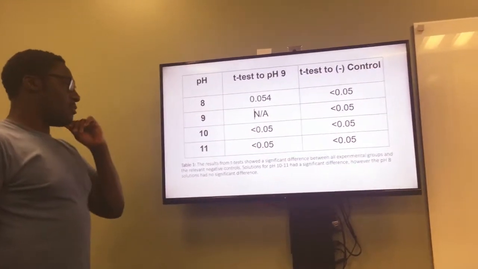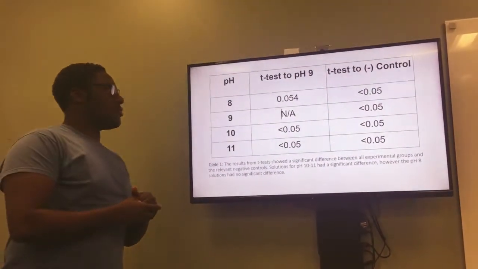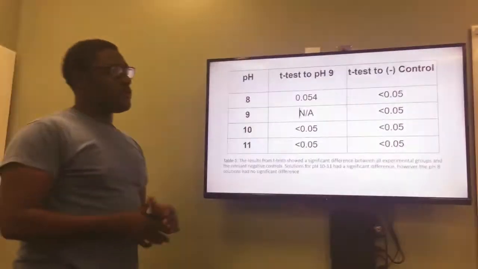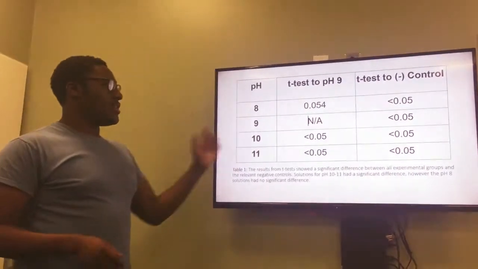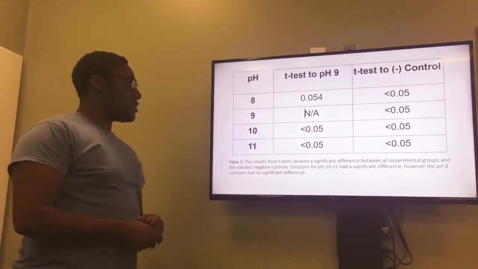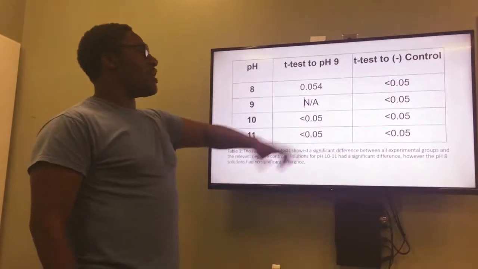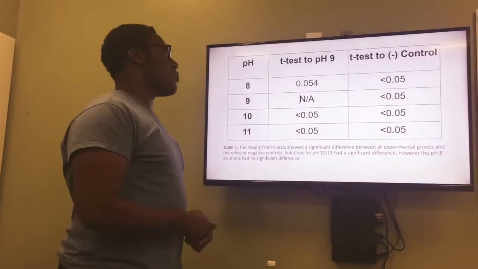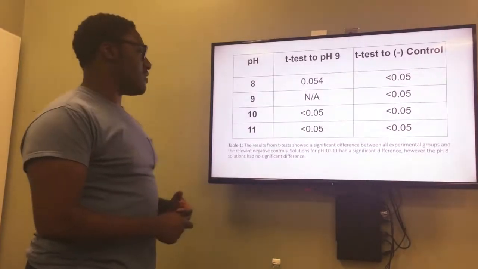We didn't do pH 9 because we can't compare it to itself. pH 10 compared to pH 9 has a p-value smaller than 0.05, and it's the same for pH 11 compared to pH 9, with less than 0.05. The control group as well has less than 0.05, which is to be expected because we wanted to make sure that the control group had no enzyme activity.